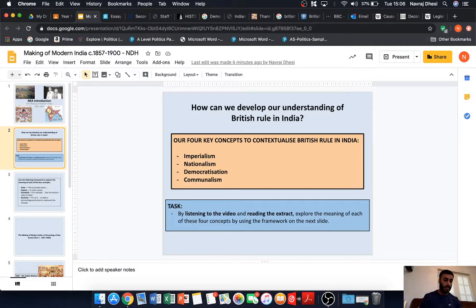An example of that is the banning of the Sati tradition in 1829, and that was a tradition whereby if a woman's husband had passed away, they would sit on top of the funeral pyre, and they would be burnt alive with the husband who had already passed away. Okay, so the British banned that practice, and they also allowed those widows then to remarry.